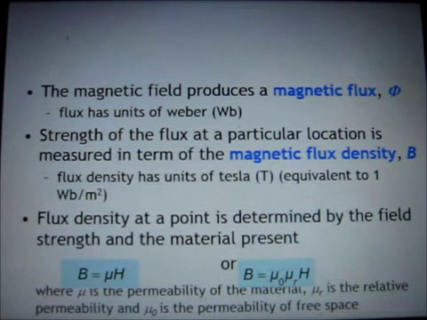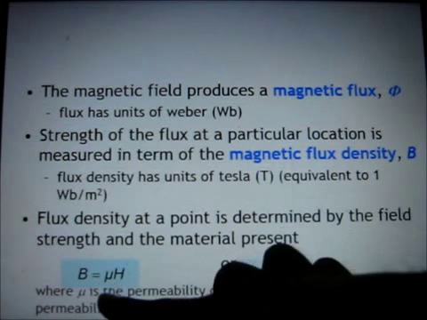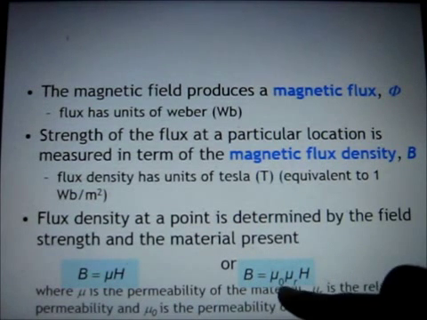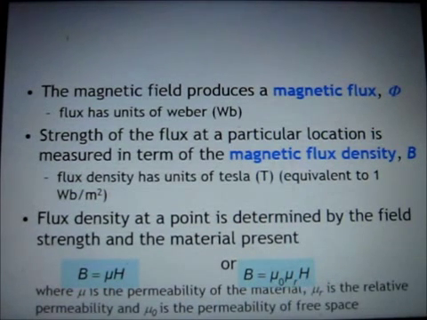B is given as mu into H. This is the relation between magnetic flux density and magnetic field strength: B equals permeability times the field strength. This mu can be further written as mu 0 into mu r. Mu r is the relative permeability and mu 0 is the absolute permeability of free space.